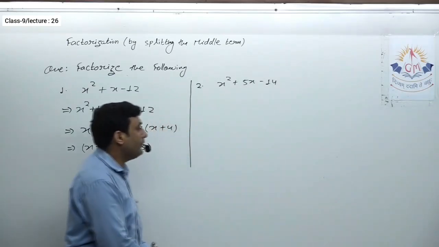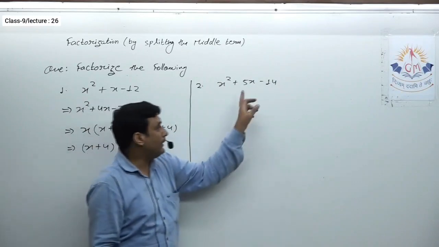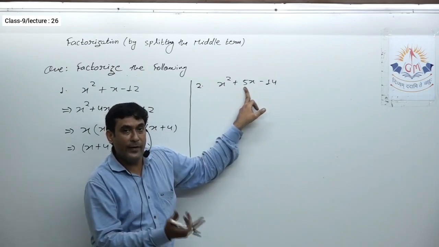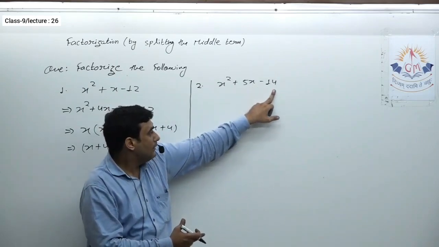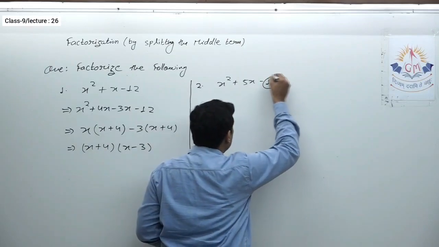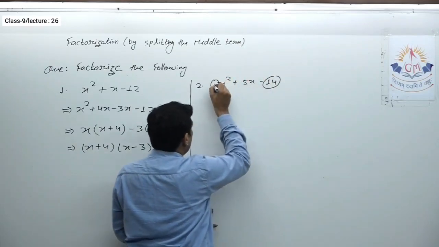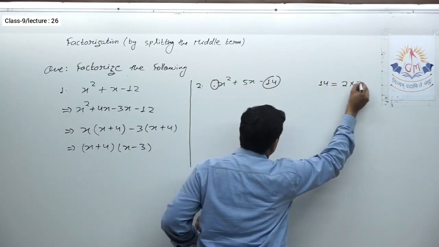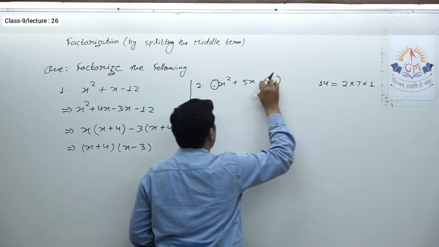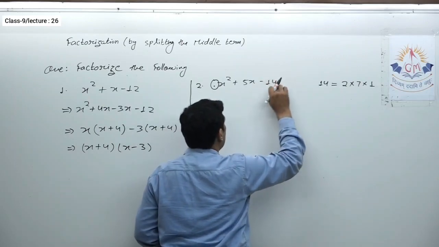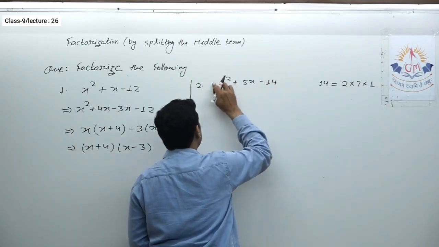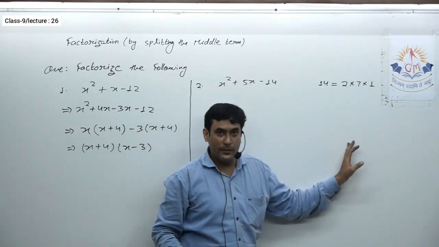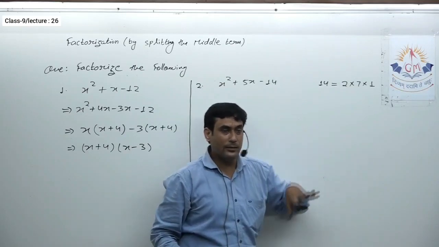Now next thing what we have to do, we have to split the middle term, and to split the middle term we need some factors, and that we will find by multiplying the constant term and this. Here it is 1, here it is 14, so we have to find the factors of 14, that is 2 into 7 into 1. After that, now we have to make the groups of these factors, so that by adding them or by subtraction we do get the middle term.